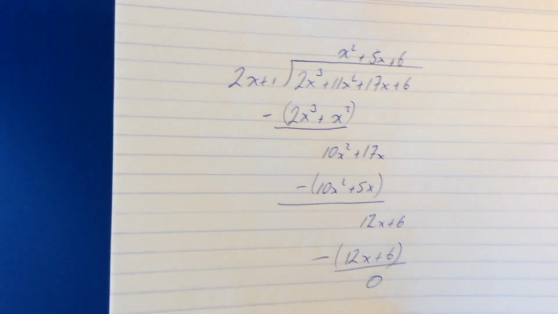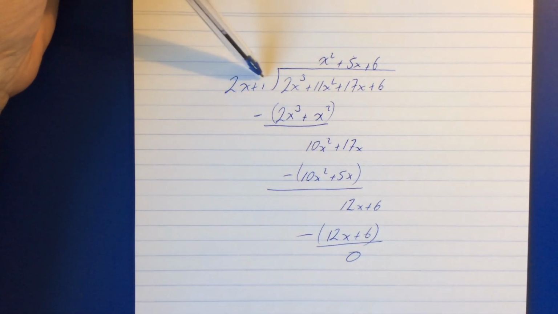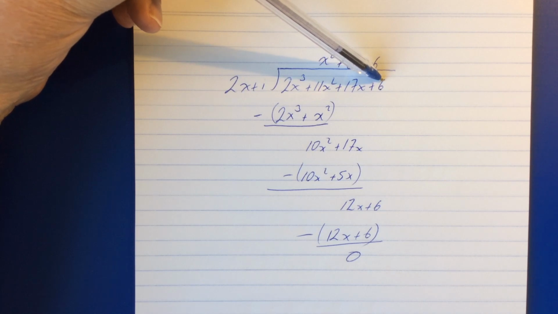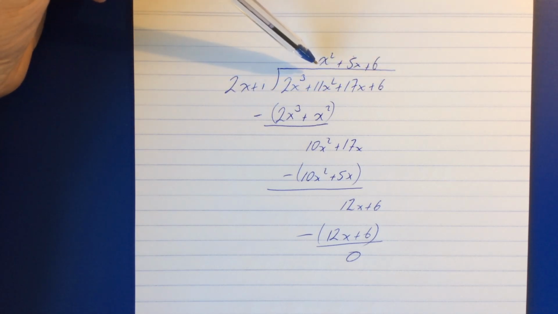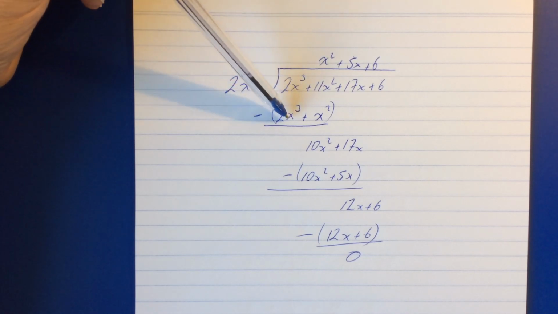Okay, so where do we take it from here? Well, it's either long division or synthetic division. It's your call. I've done long division for this. So I've divided 2x plus 1 into my original cubic. What do I have to do to 2x plus 1 to get 2x cubed?